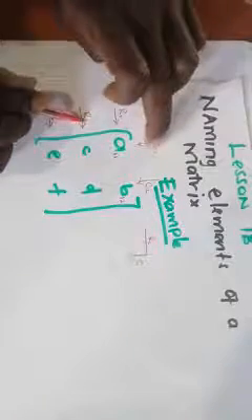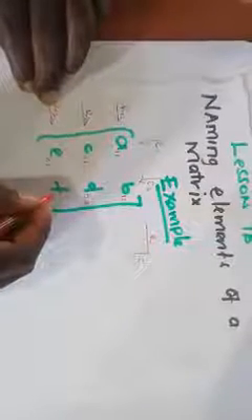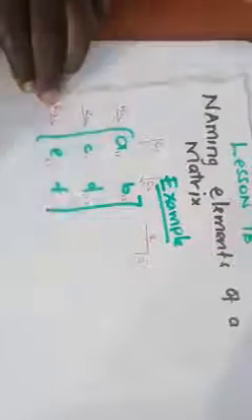Element C is in position row 2, column 1. So this is element 2, 1. Element D is in row 2, column 2. Subsequently, element E is in 3, 1 and element F is in 3, 2. Are we together, all students?